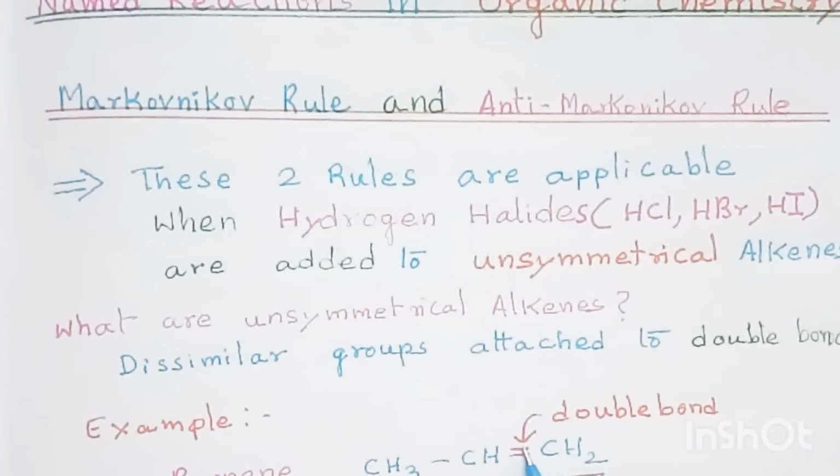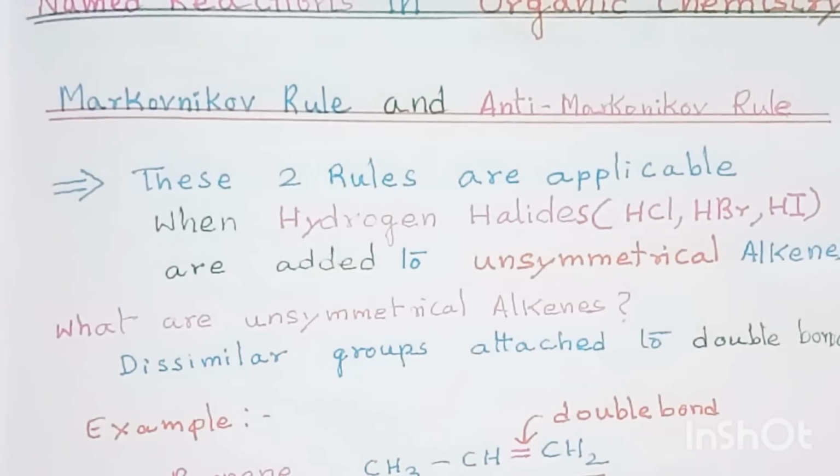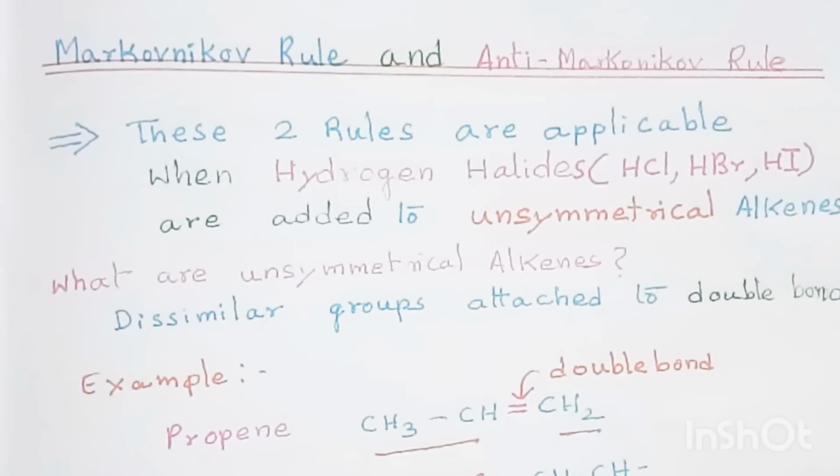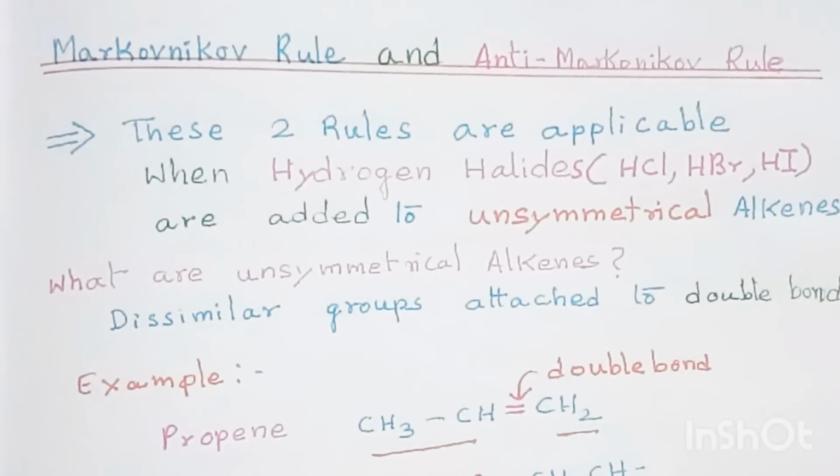This is the double bond. So, to the double bond, one side is CH3CH, another side is CH2. So, these are the two dissimilar groups attached to the double bond. So, this is an unsymmetrical alkene.